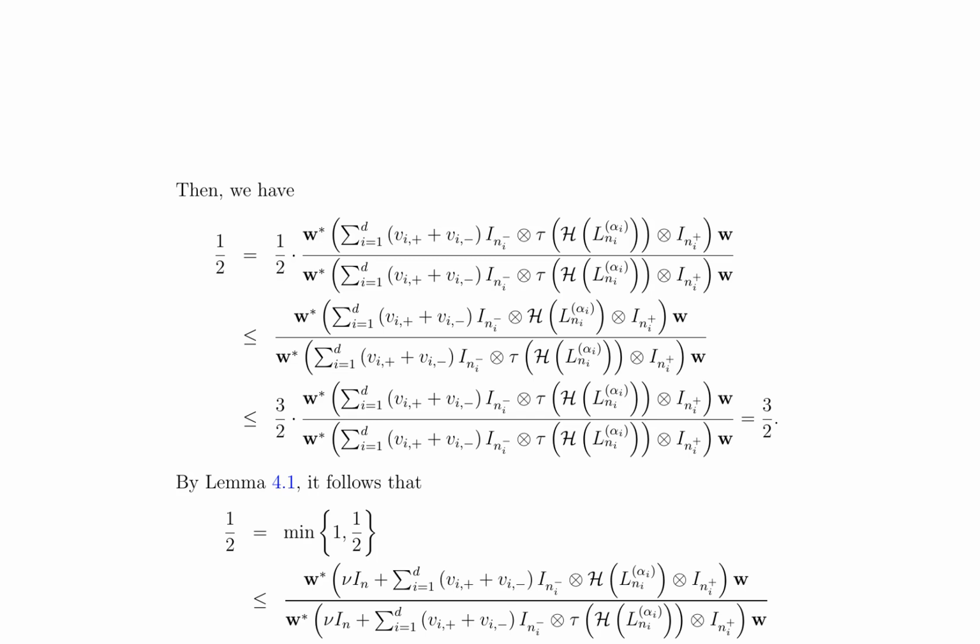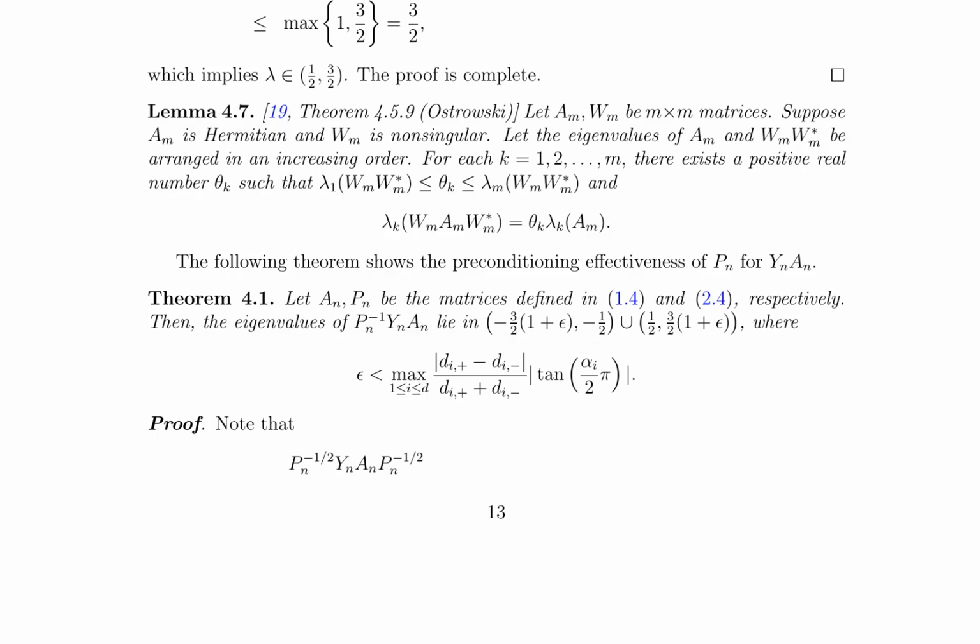This result is achieved by utilizing Ostrowski's theorem and Propositions 1 and 3, providing bounds on the eigenvalues of P_n^{-1/2} H_n P_n^{-1/2} and H_n^{-1/2} E_n H_n^{-1/2}, respectively.